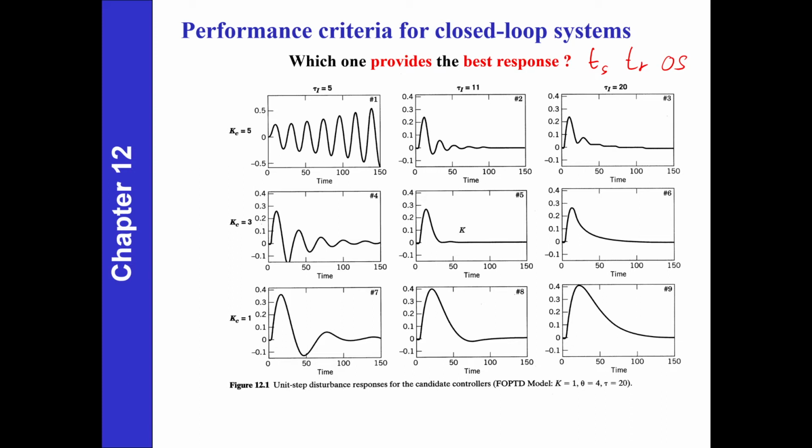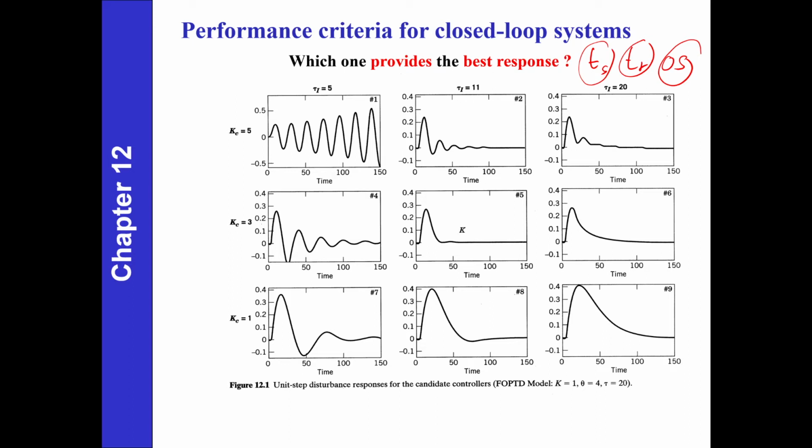Okay, so here, in order to determine whether this response is a good response or not, you have to calculate all these three values. You have to compare between all these responses, which one has the shortest settling time, which one has the highest overshoot, or which one is an overdamped or underdamped response.